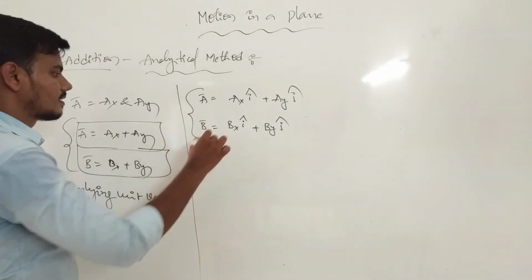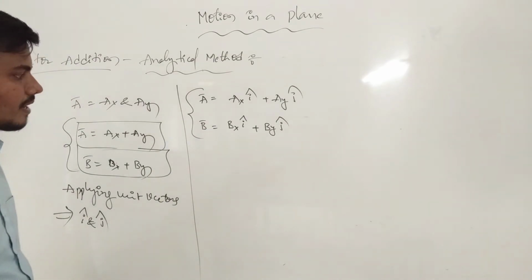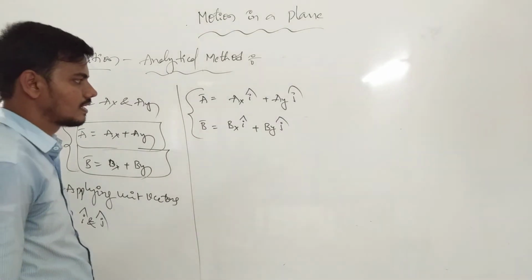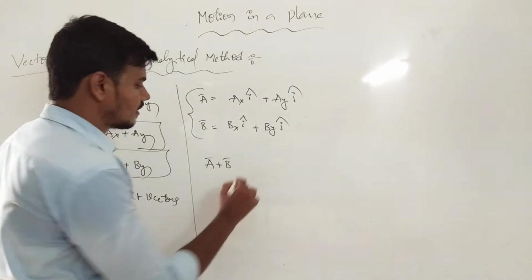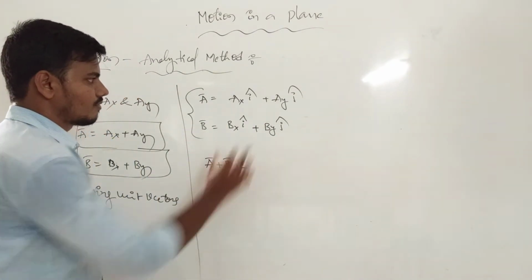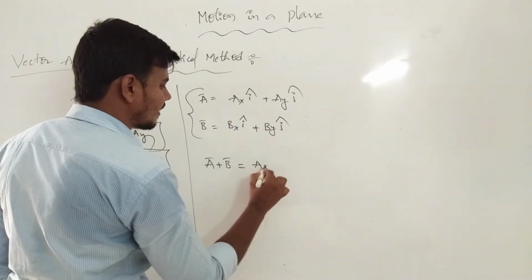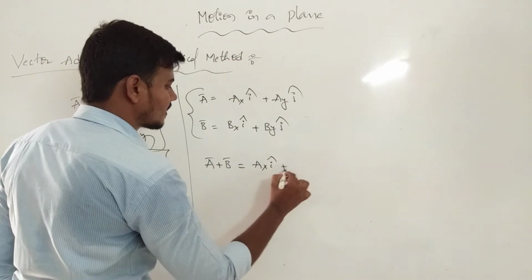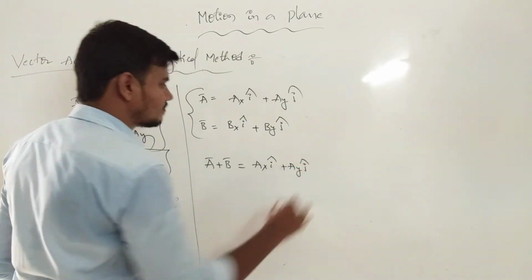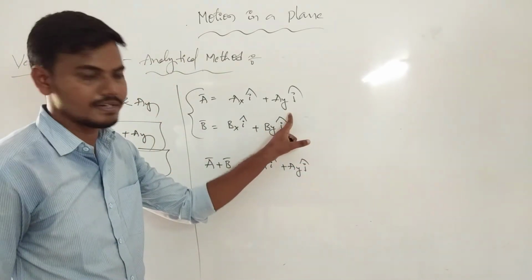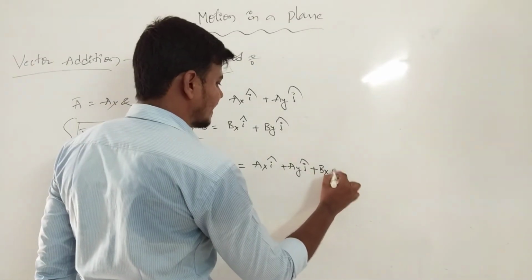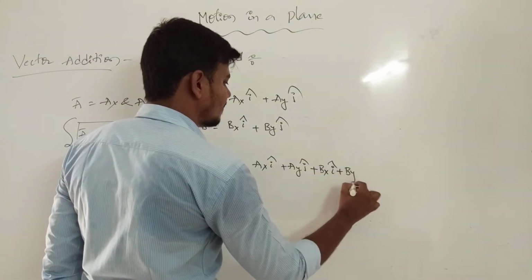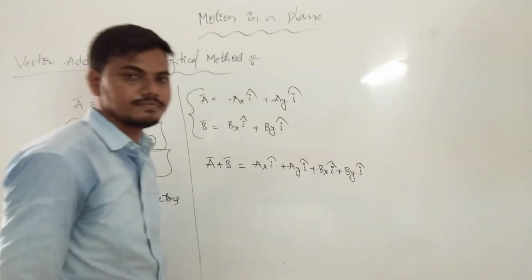There are two vectors in adding: A bar plus B bar. Clear? First one, Ax i cap plus Ay j cap, plus the second, Bx i cap plus By j cap.